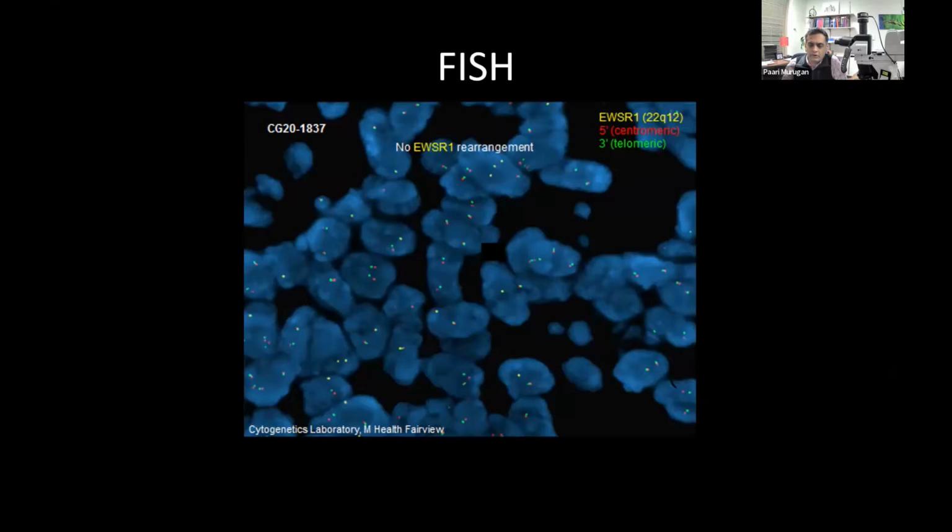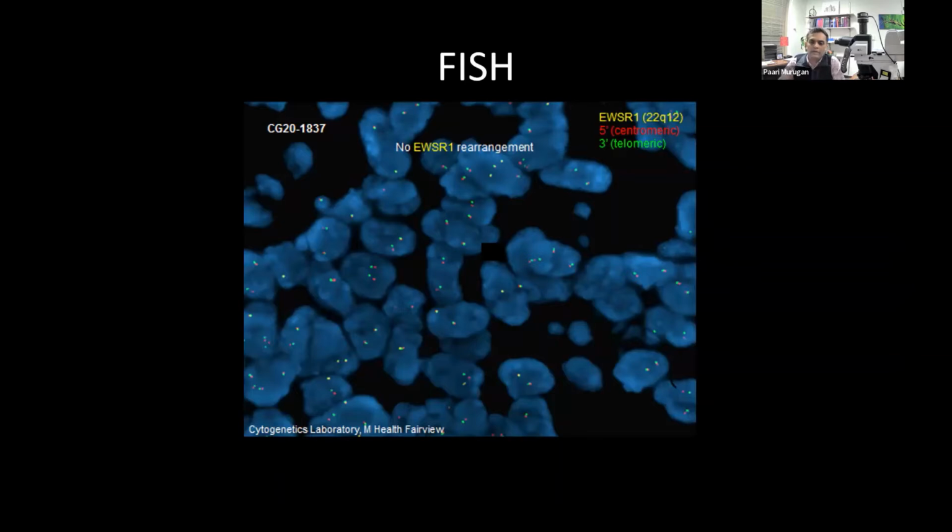So EWSR1, which is what we expect to see in Ewing sarcoma, is negative for rearrangement here. So you can see the two alleles here with the green and the red probes together. So there is no break apart of the EWSR1 gene. So this is a normal FISH study for EWSR1 rearrangement.